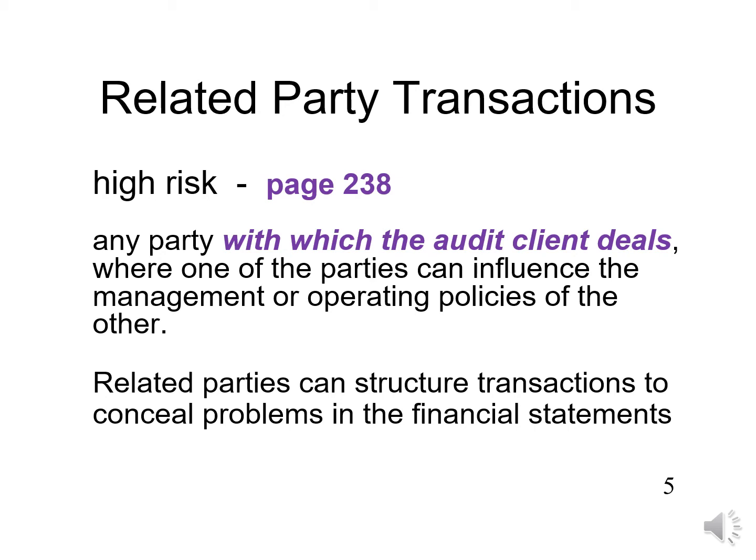So it often took assets which were not worth as much in reality as they were on its balance sheet, and rather than recording a loss, it moved them to the balance sheet of these related entities. So related party transactions aren't necessarily bad, but they are risky because companies can use them to hide problems.